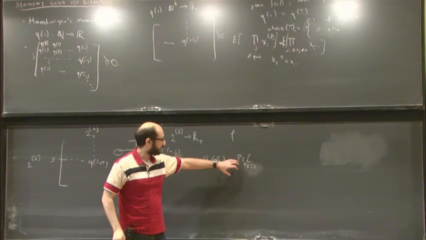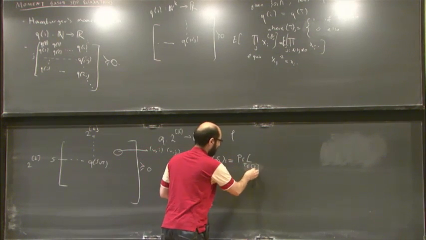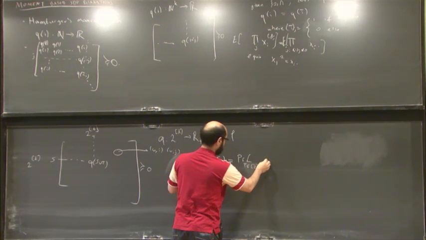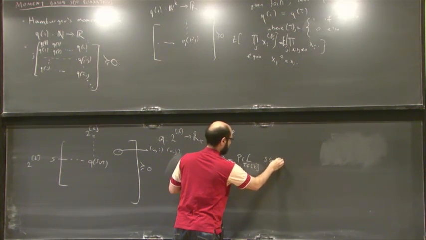Suppose there was a hidden distribution on subsets, and then Q of S corresponds to the probability that S is a subset of T.